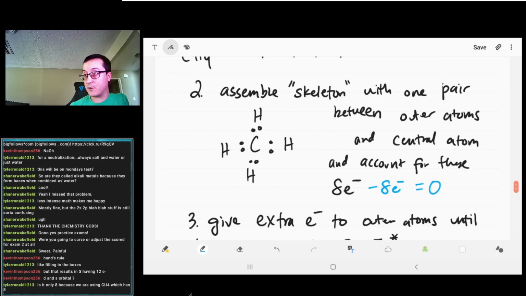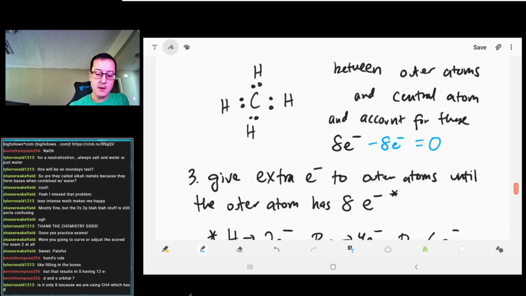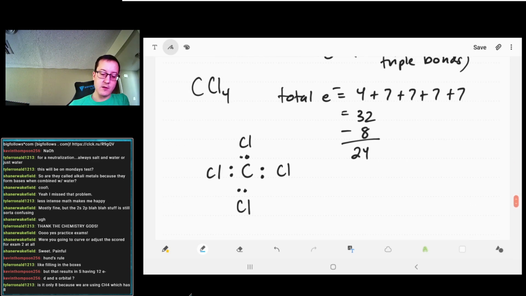And we have accounted for those electrons. So now it says we're going to give extra electrons to the outer atoms until the outer atoms have 8. So chlorine right now has 2. Now it has 4, 6, 8 electrons. So I've just used another 6. Tells us we have 18 more.